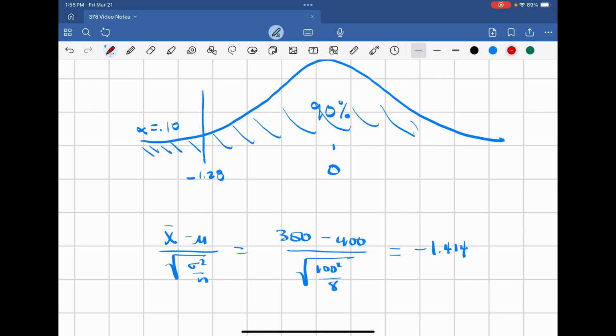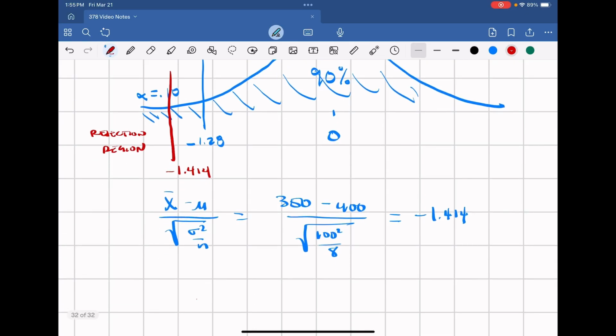Negative 1.414 falls right here, which is in our rejection region, which means that we would reject the null hypothesis that mu is equal to 400.